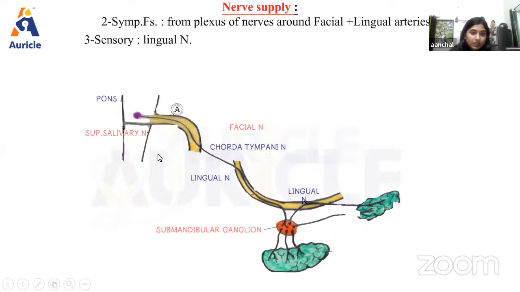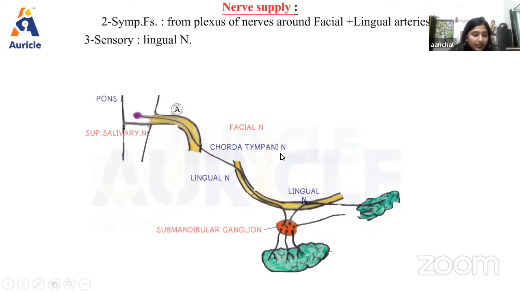After taking origin from this nucleus, the preganglionic fibers run through the nervus intermedius of Wrisberg, geniculate ganglion, the motor fibers of the facial nerve. So this will give origin to the facial nerve.